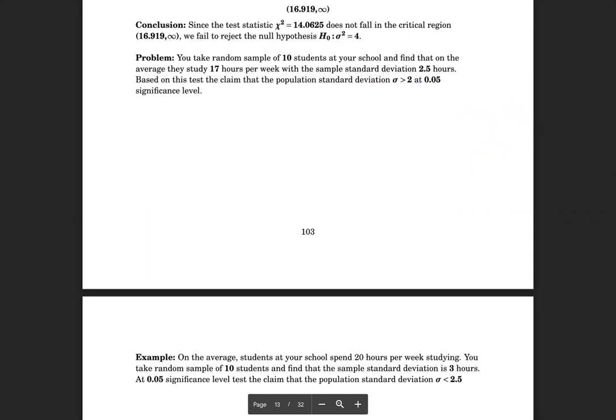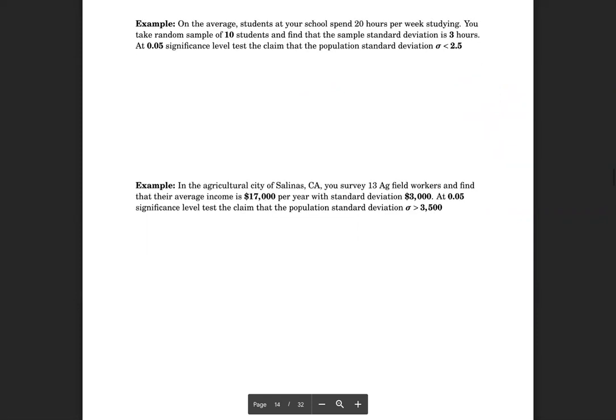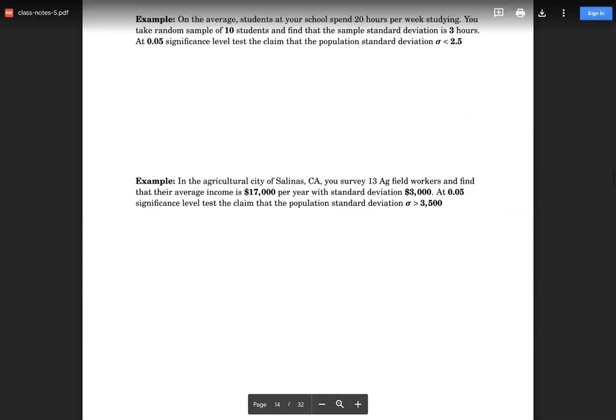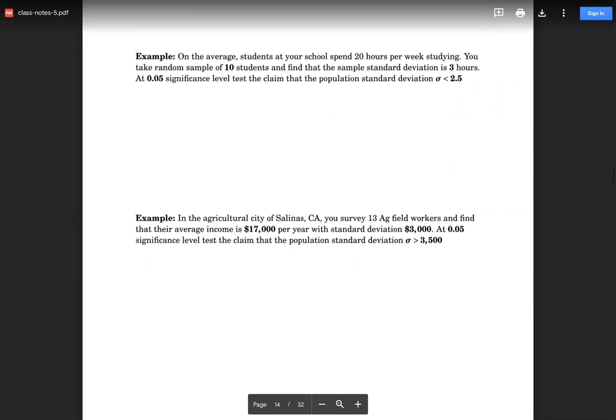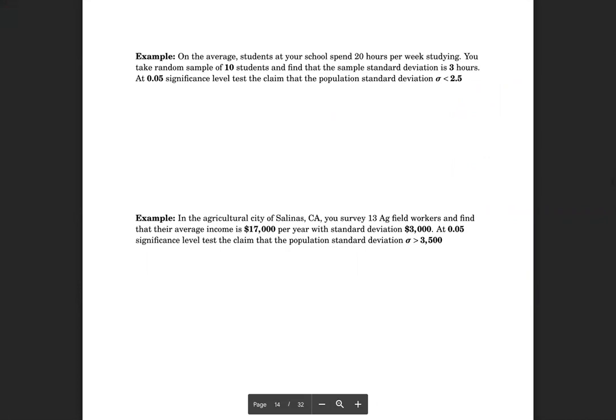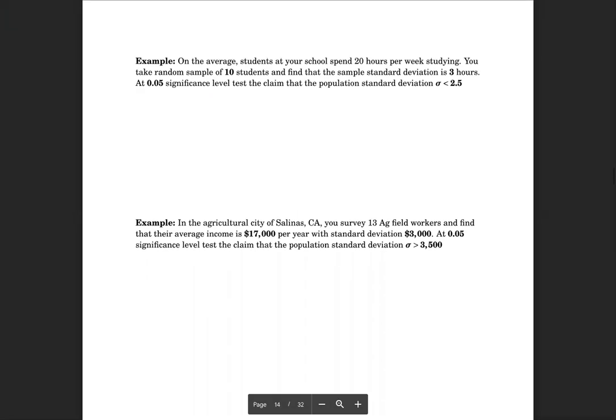Okay, so let's do the next couple of problems, and then I think we can move to the following section. On average, students at your school spend 20 hours per week studying, so that's mu, not X bar.